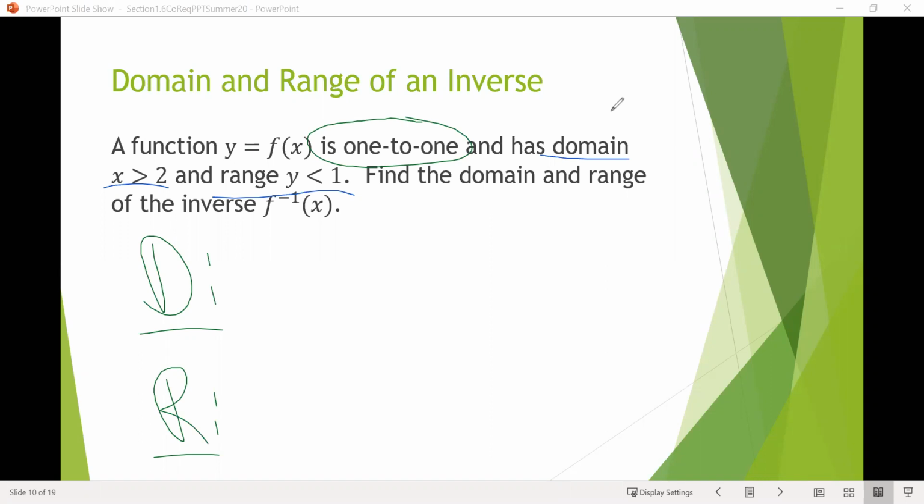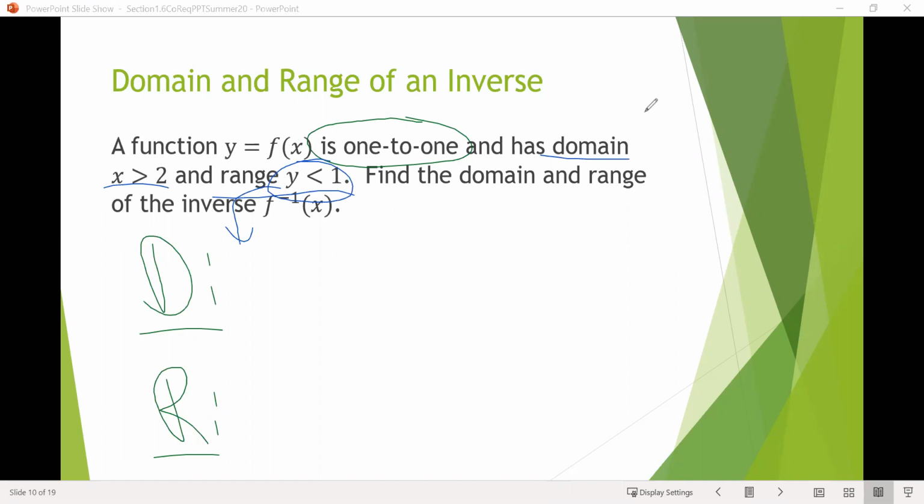Well, we again remember that inverses switch inputs and outputs. So in the original function f, what is our range or our interval of outputs? Well, we see that that is y is less than 1, right? So if we're going to do the inverse, that's going to switch those from outputs to inputs. So our range for our original function will now become our domain for our new function, our inverse function.